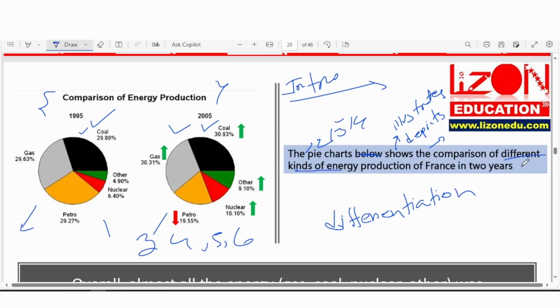So instead of saying different kinds of, you can say various kinds of, types of. Okay, change. Energy, I really don't recommend you to change the main word of the question. Don't change it. Energy, right? So in the whole writing of your writing task 1, for this question you're going to talk about energy.